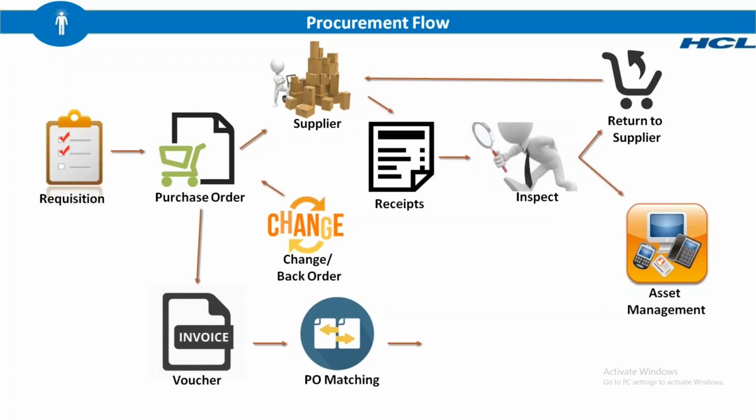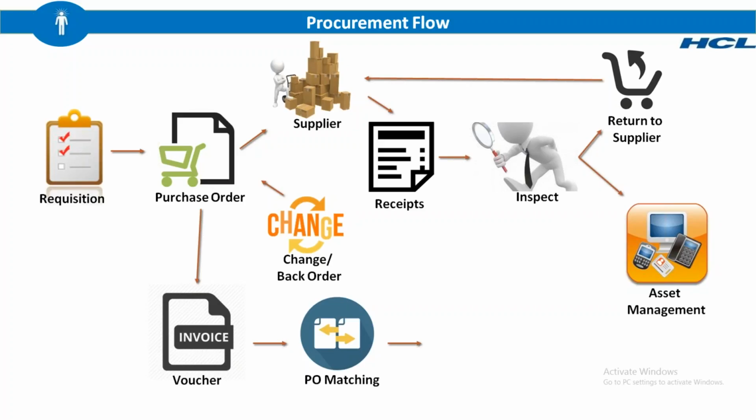So what are the various matching processes available in PeopleSoft? We have the two-way matching process, the three-way matching process, and the four-way matching process. What is the two-way matching process? The two-way matching process compares only purchase orders and vouchers.